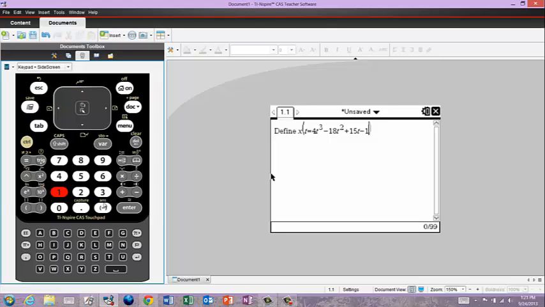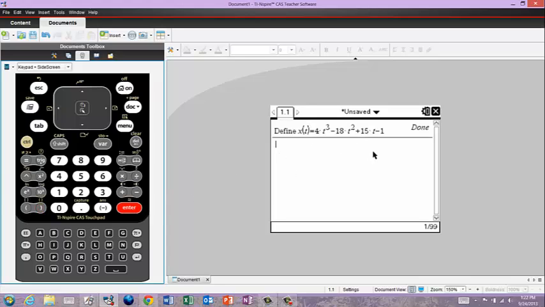Does anybody see what I forgot to do? That whole thing is inside my parentheses. Sad. Let's see. Yay! Okay, it fixed it. 4t cubed minus 18t squared plus 15t minus 1.